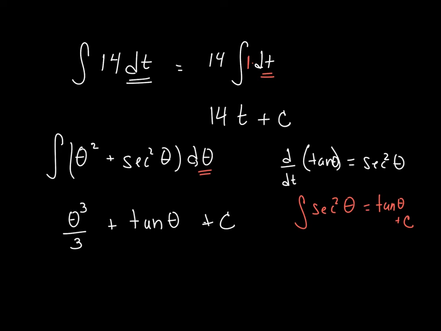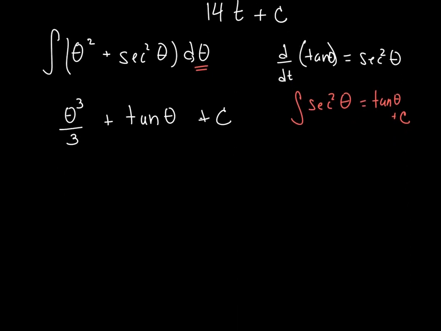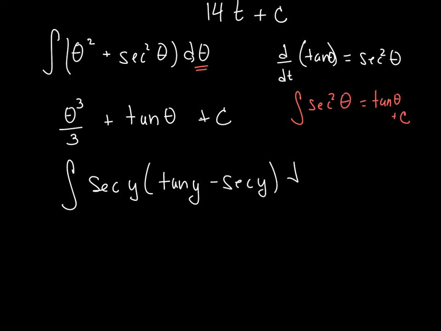We'll do one more trig function. So if I have the integral of the secant of y times the tangent of y minus the secant of y dy. Well, let's go back to what I said before: there's no product rule that we can use, so you can't use it this way. We have to multiply this out.